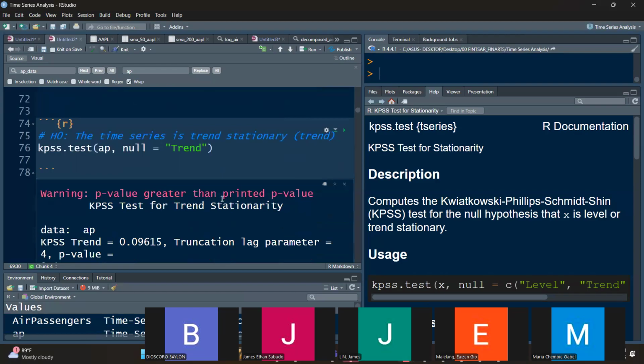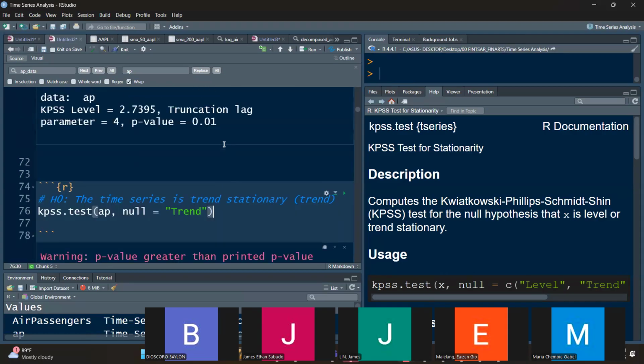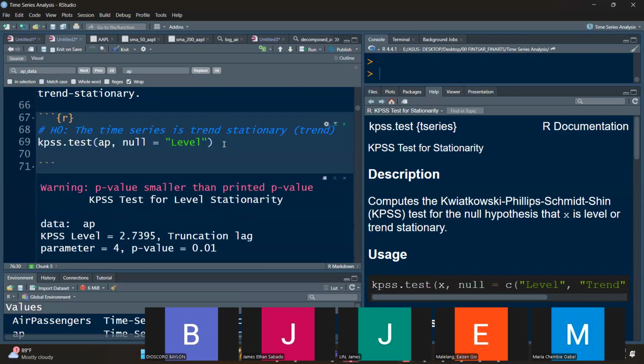What we used last time is that null is equal to trend, which assumes that there is a trend. However, your data is stationary in that trend. For this one, null is equal to level. It's telling us that your data does not have a trend, that it's stationary when there's no trend.